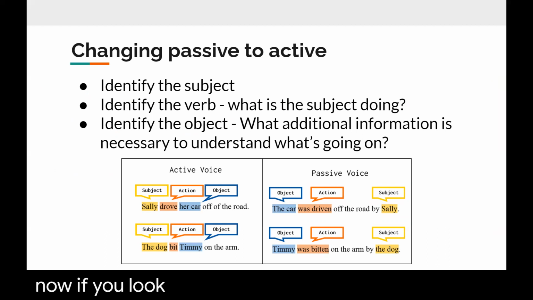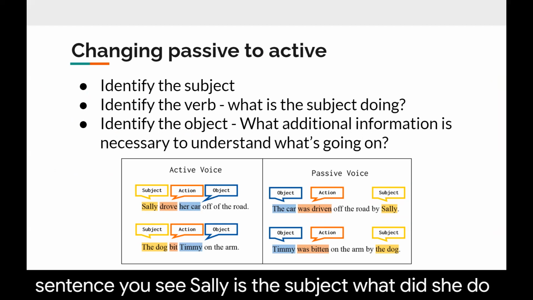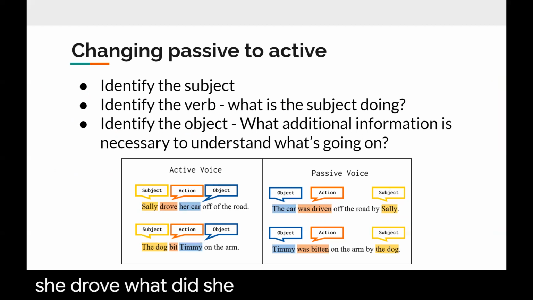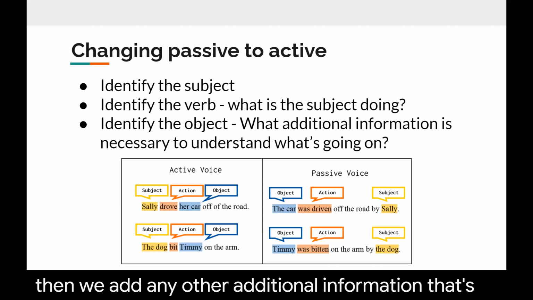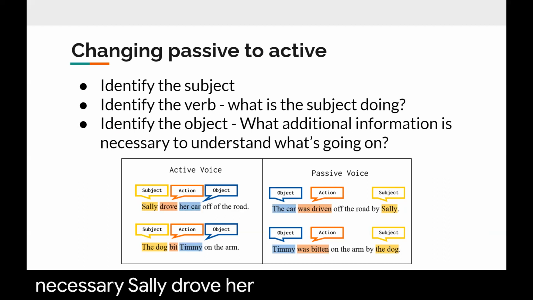Now if you look over to the active voice example of that sentence, you see Sally is the subject. What did she do? She drove. What did she drive? Her car, the object. And then we add any other additional information that's necessary. Sally drove her car off of the road. Perfect. That's a great active voice sentence.